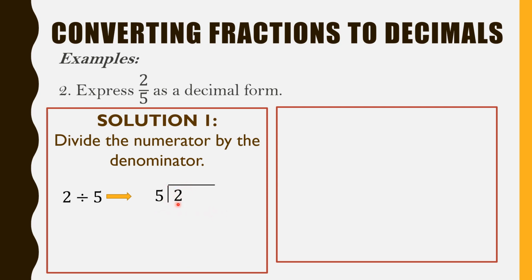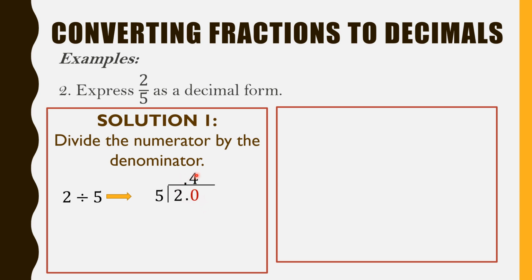Okay, again, the numerator or the dividend is inside our division symbol, and the divisor is outside. And again, since 2 is smaller than 5, so we are going to annex a 0, but we have to put a decimal point. Okay, now we can divide 20 divided by 5. 20 divided by 5 is equal to 4, and we will align it with 0. Okay, and we have here a decimal point, of course, in line with the decimal point here.